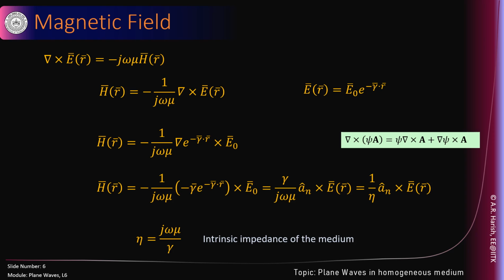In the earlier result, we had shown that an and E are orthogonal to each other. Now we are saying an, E and H form a right-handed system. An cross E gives me H. Therefore, an, E and H are all orthogonal to each other.